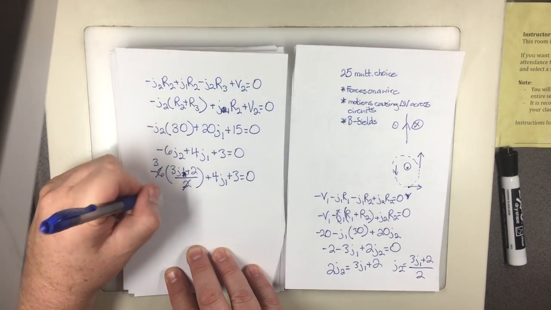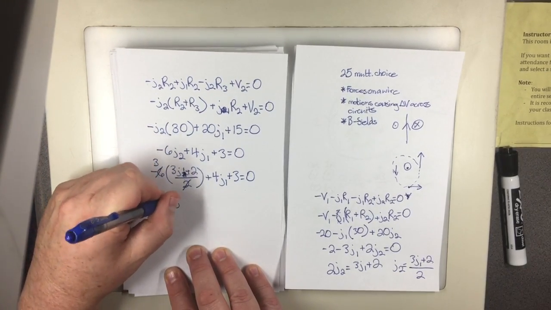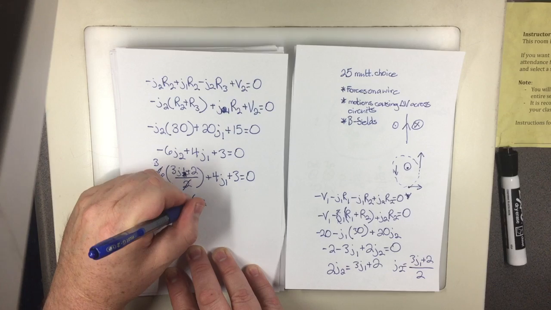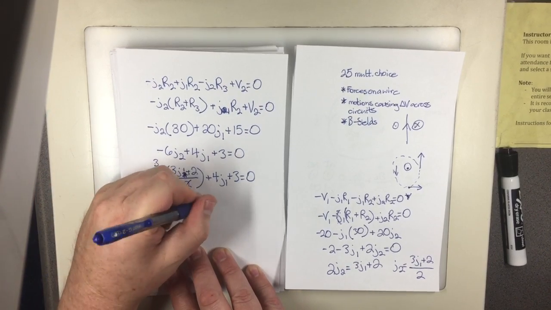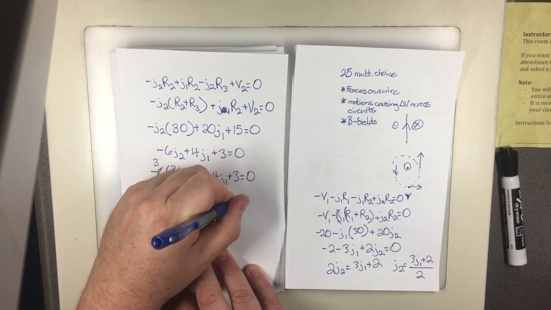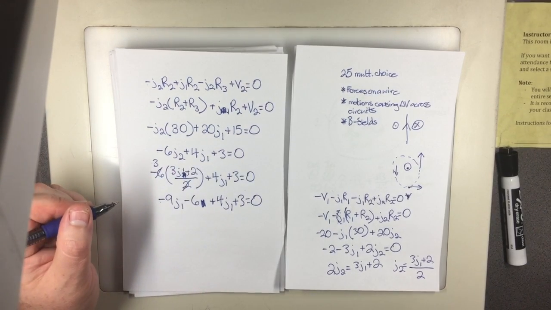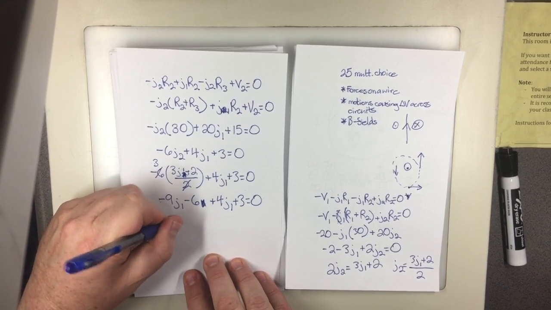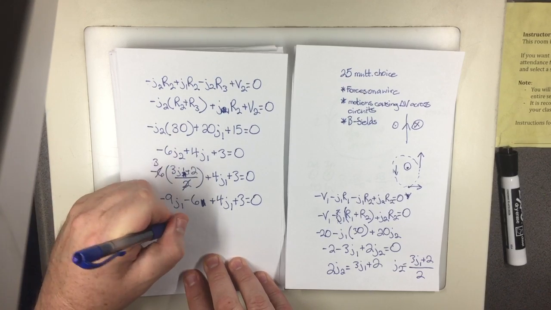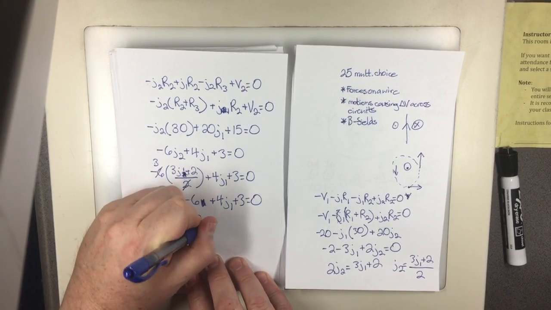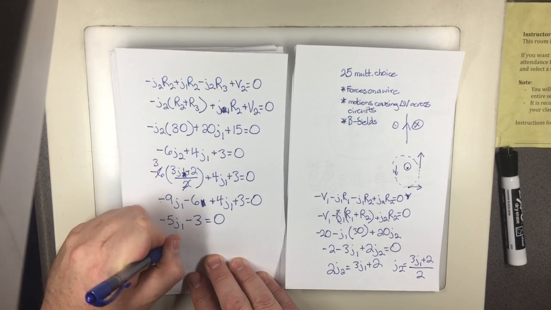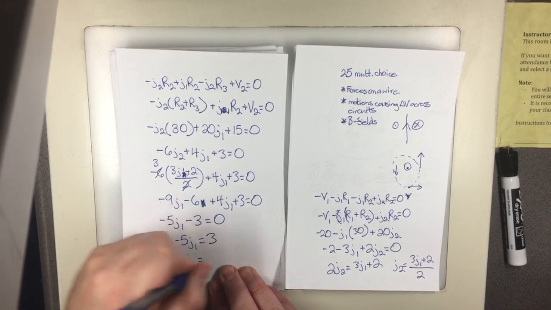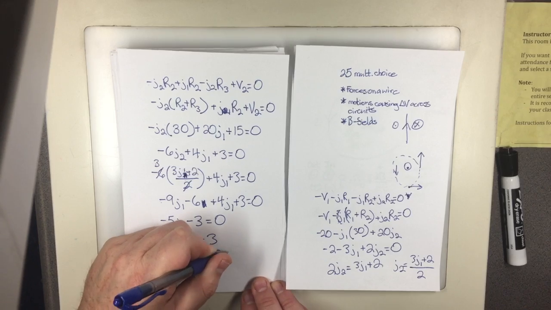This gives me negative 3 times 3 is negative 9 J1, negative 3 times 2 is negative 6. No J's. Plus 4J1 plus 3 is equal to 0. This gives you minus 5J1 minus 3 is equal to 0. So negative 5J1 is equal to 3, or J1 is equal to negative 3/5 amp.